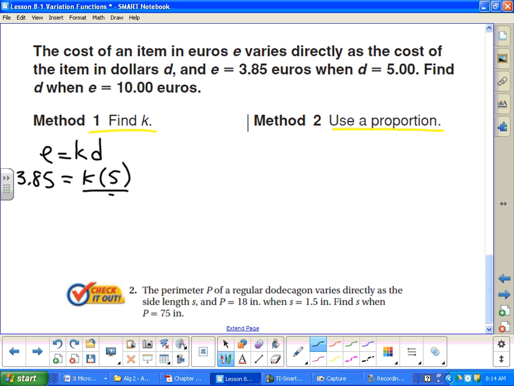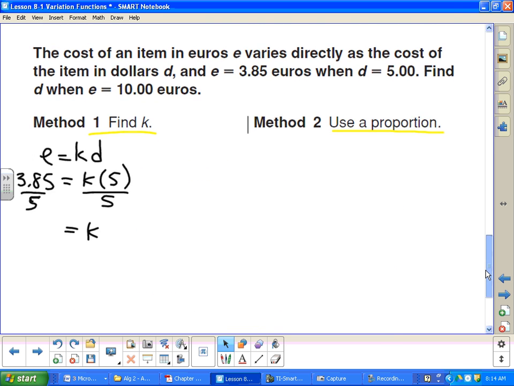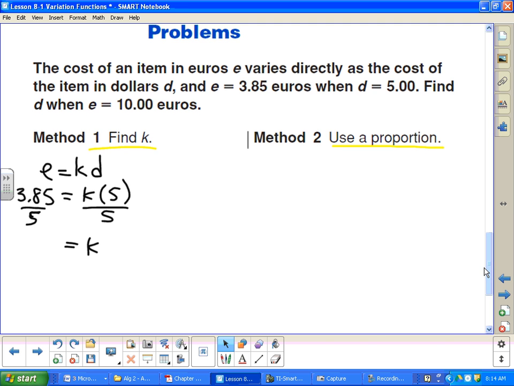So we divide by 5, and k equals 0.77. Is that an exact value? Okay, so I know that the constant of variation is 0.77.